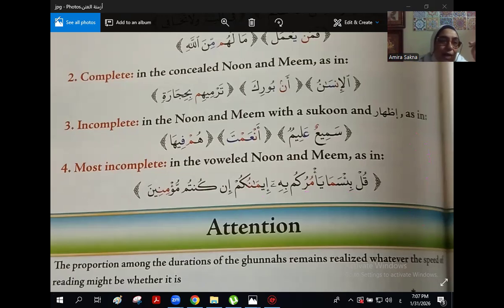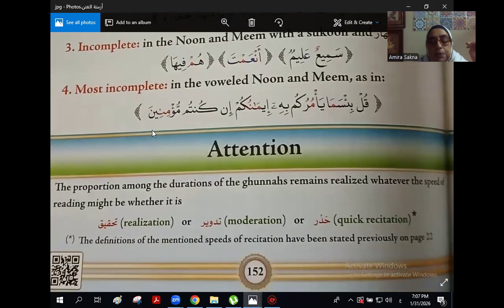Of course, here we have a very good point to take care of. The proportion among the durations of the غنas remains realized, whatever the speed of reading might be, whether it's تحقيق, realization, or تدوير, moderation, or حدر, quick recitation.